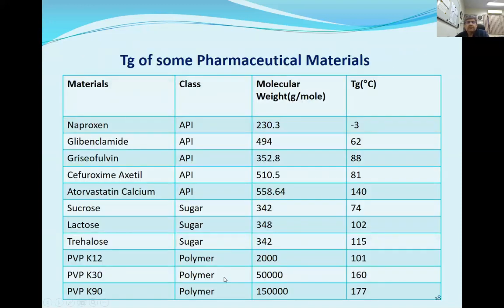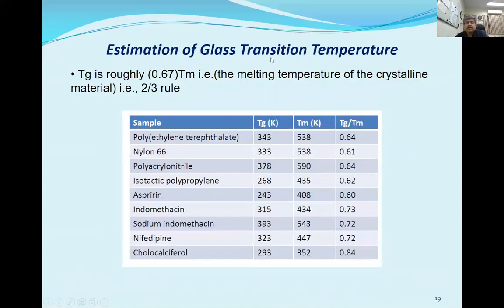Then we saw some examples of pharmaceutical materials and their Tg values, and the general important rule called the 2/3 rule for Tg, which says that the Tg is roughly 0.67 times the melting point. So we'll stop here and we'll take up the stability of the amorphous form in the next class.